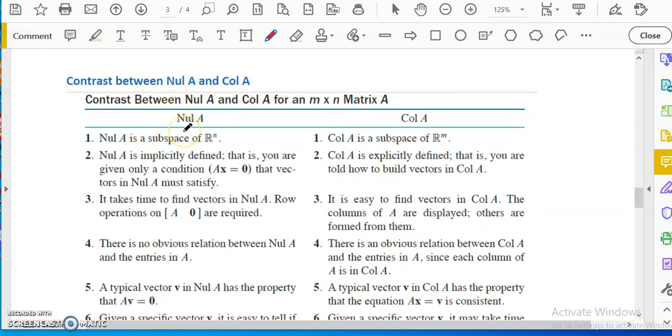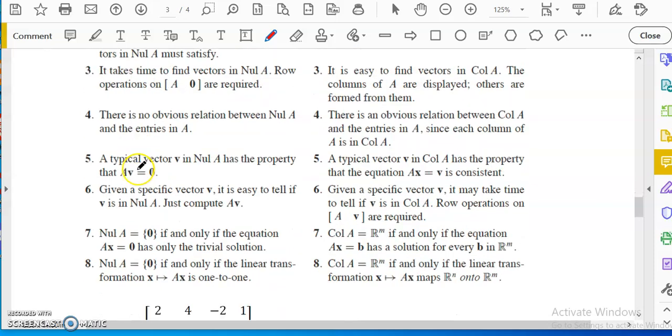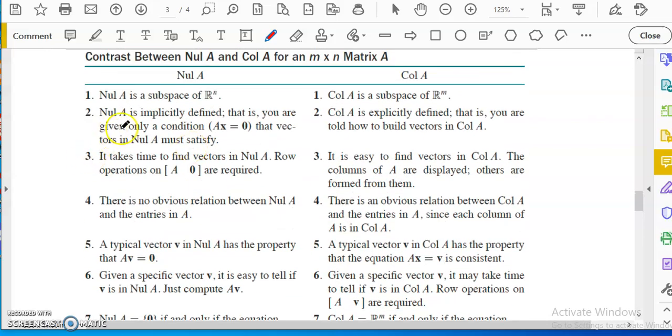Okay, so let's contrast Null A and Col A. Null A is about all those vectors that, when you multiply with A, give a zero vector. So Null A is a subspace. We know that because of Theorem 2. And how do I test it? Null A is implicitly defined, so you are given only one condition.